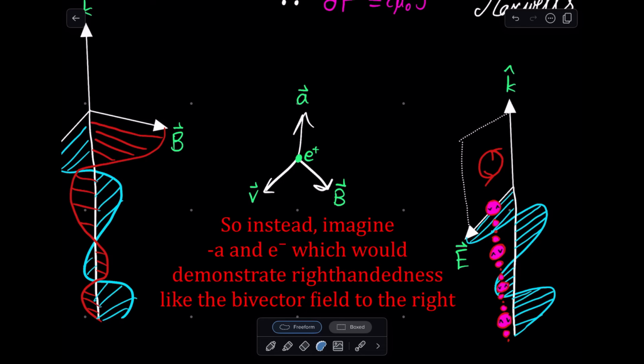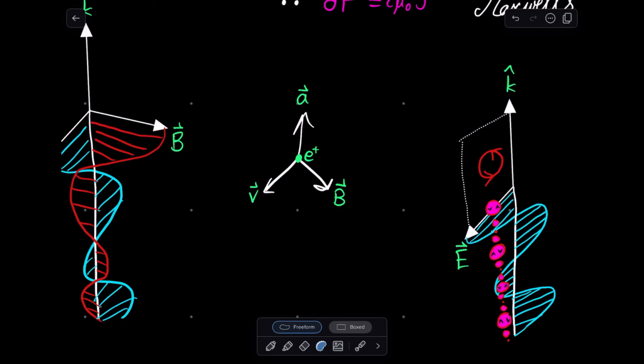And so what this does is it creates a cyclic motion in a magnetic field. So if you have it starting like this, then it's going to trace out a path that looks like this, like cyclic. It's going to be rotating. And this is called gyromotion. Gyromotion of the positron in this magnetic field.